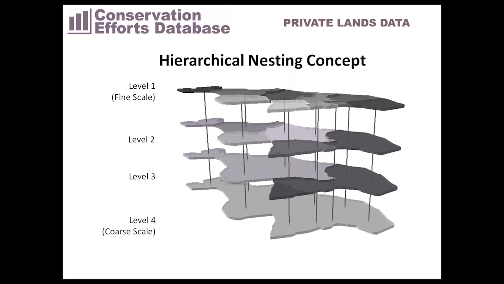For the other states, we're partnering with the USGS, who is currently developing a set of hierarchical polygons used for tracking population estimates and trends for greater sage grouse. Those polygons are being developed with the states in coordination, using state data.